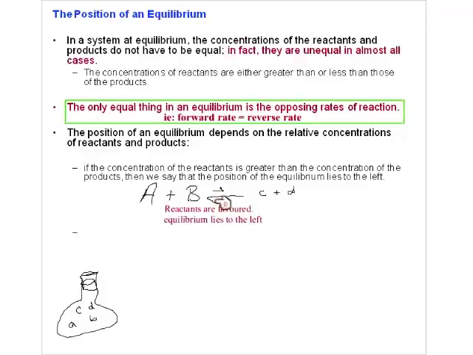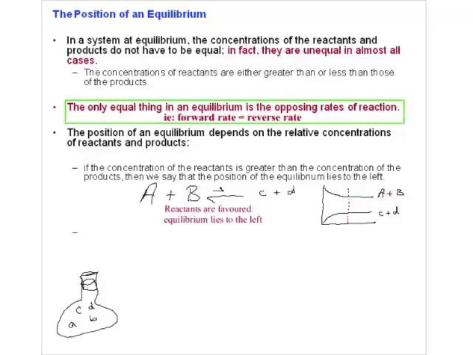Now if we could do this graphically, you know, we represented equilibrium last time with a graph. What we're seeing then is that as equilibrium is approached and it begins to level off, it's not really this area here before equilibrium that we're concerned about. What we're interested in is what are the relative amounts or concentrations.